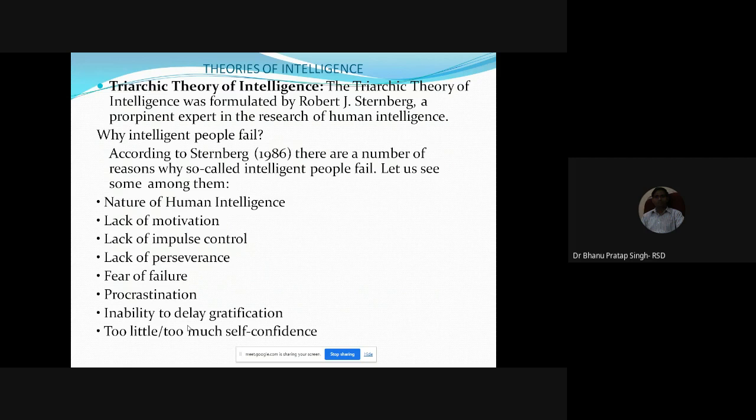See, there are so many factors like nature of human intelligence, lack of motivation, lack of impulse control, lack of perseverance, fear of failure, even procrastination, inability to delay gratification, too little or too much self confidence.